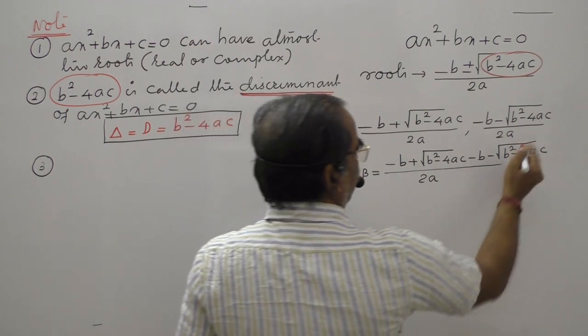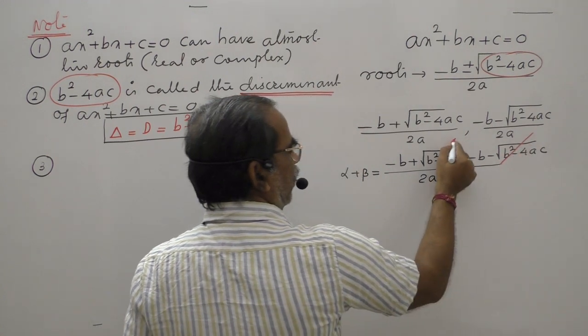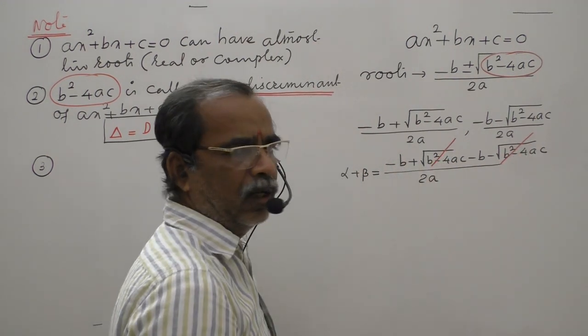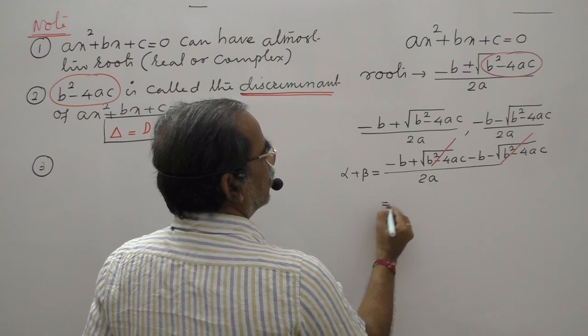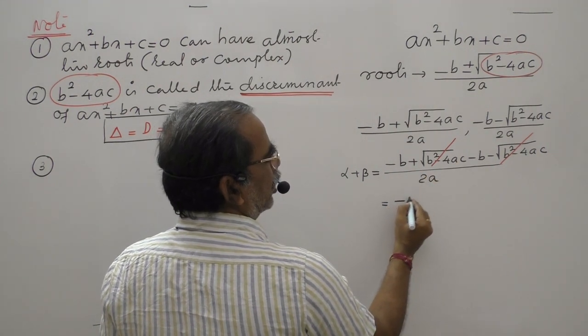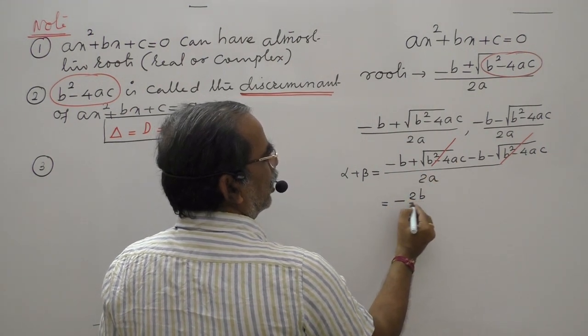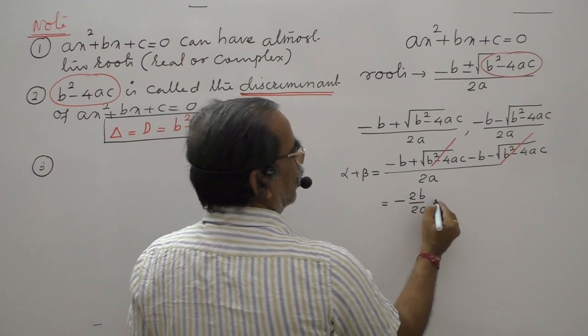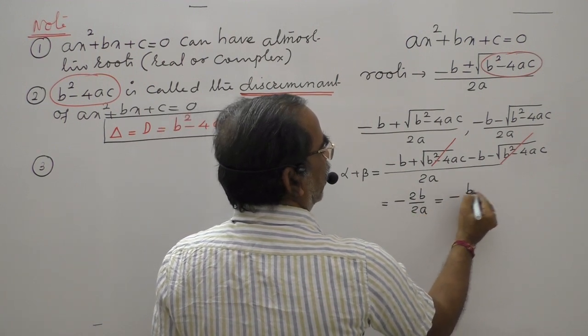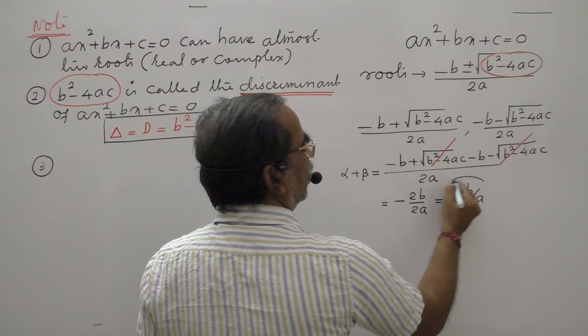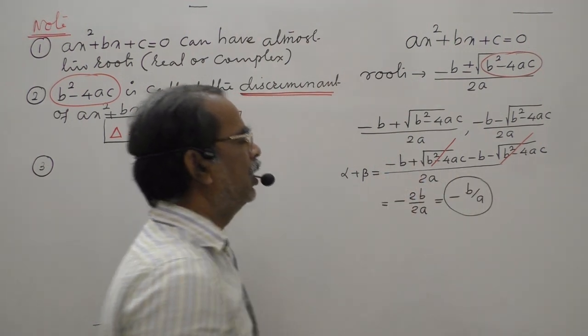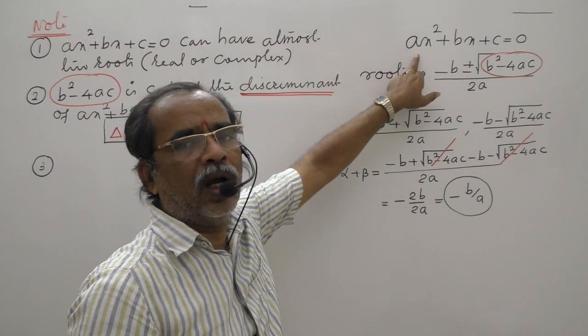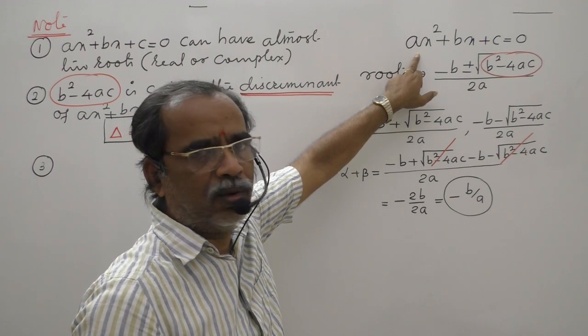So I can cut minus root over b square minus 4ac and plus. So minus b minus b is minus 2b divided by 2a. 2 gets cancelled. We will have minus b by a.